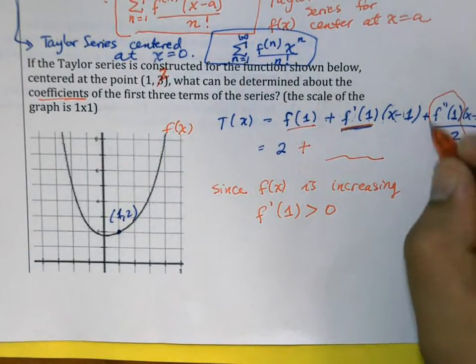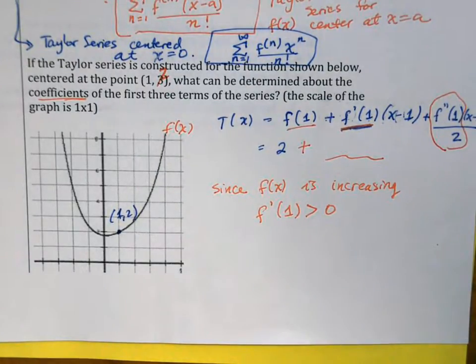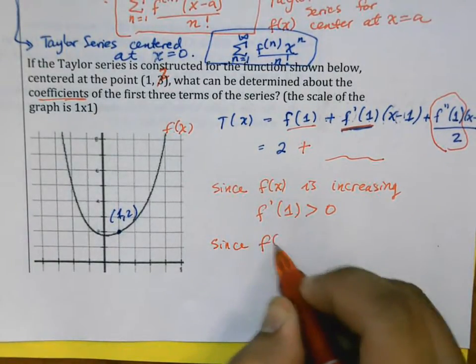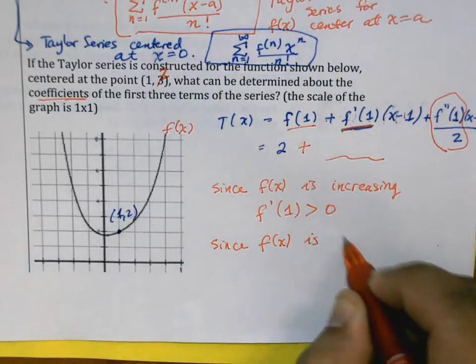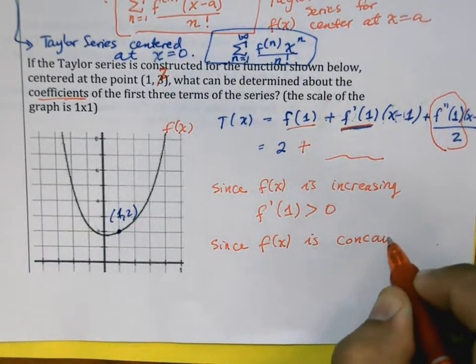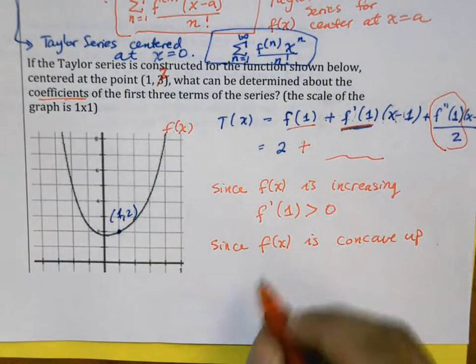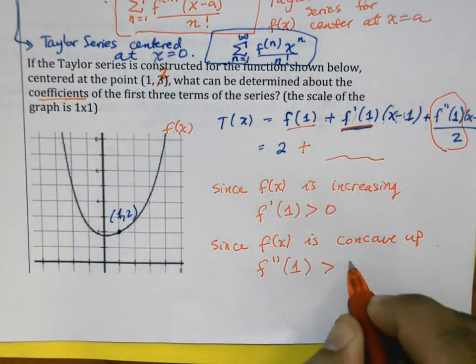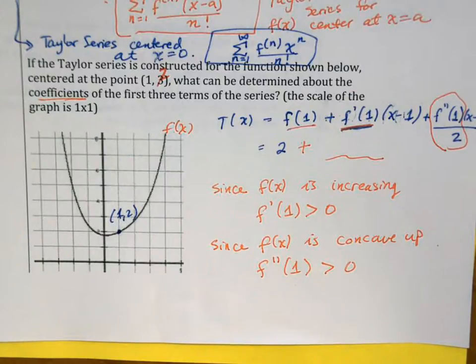The next coefficient here is f double prime of 1 over 2. Well, since f of x is concave up, okay, f double prime of 1 must also be greater than 0. Okay.